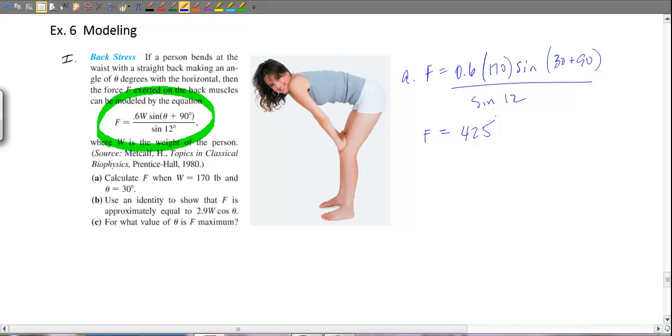So that's basically just a calculator problem. The next problem, however, asks me to show that this formula for F is equal to 2.9 W cosine theta. Let me rewrite that down here.